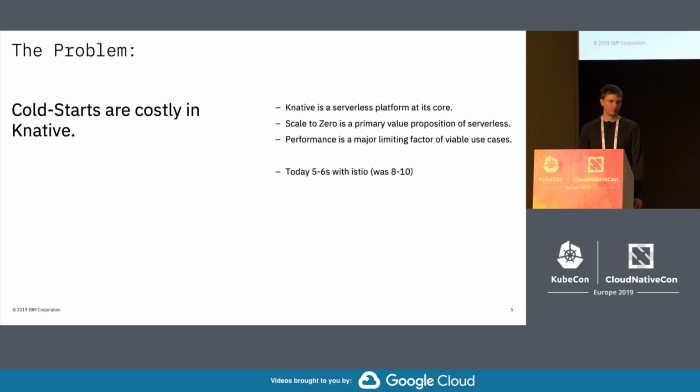And the problem, to state it again, is that cold starts in Knative are costly. To give you some context, when we began hacking on this, without Istio, about 5 to 6 seconds. What this means, to give some more context about cold start, we're a serverless platform. So your application, we allow it to scale to zero, meaning your application's getting no work, no requests, no one's trying to use it.